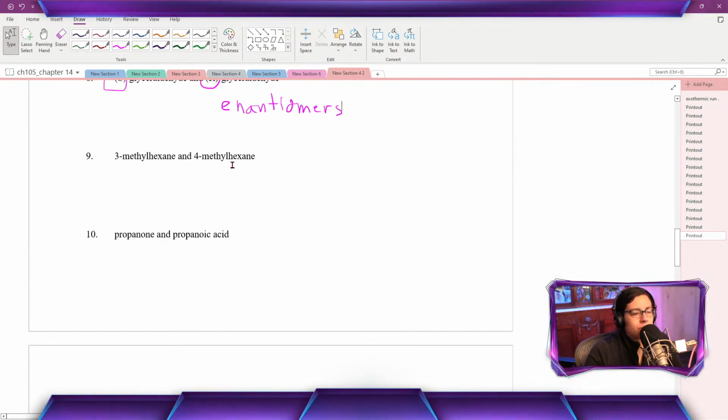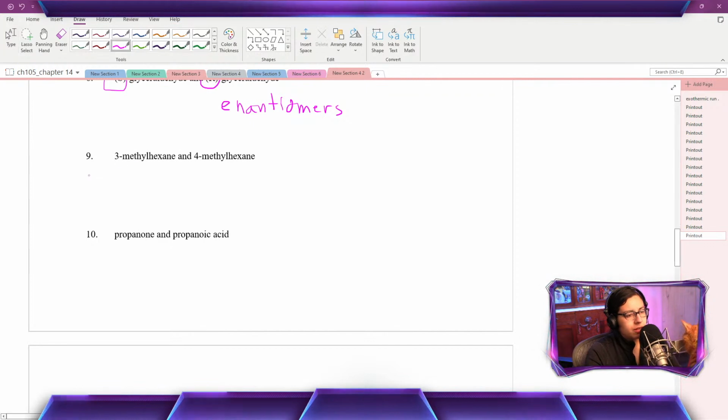So 3-methylhexane versus 4-methylhexane. So take a few seconds or so. So let's write out 3-methylhexane.